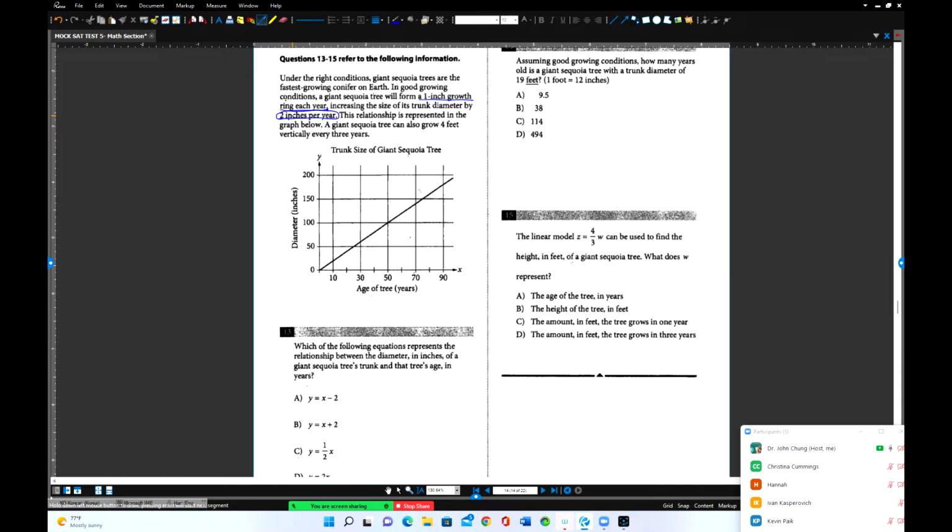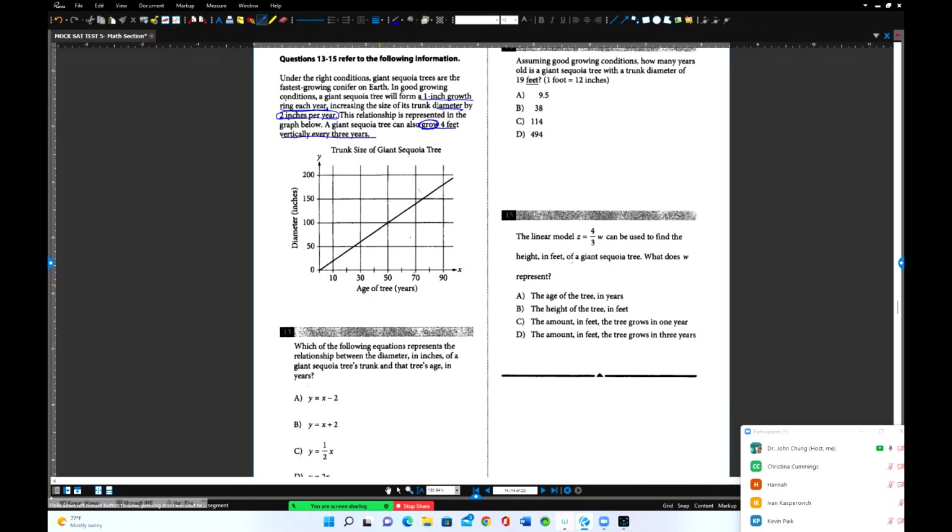This relationship is represented in the graph below. A giant sequoia tree can also grow 4 feet vertically every 3 hours. That is the height, right? This is diameter.